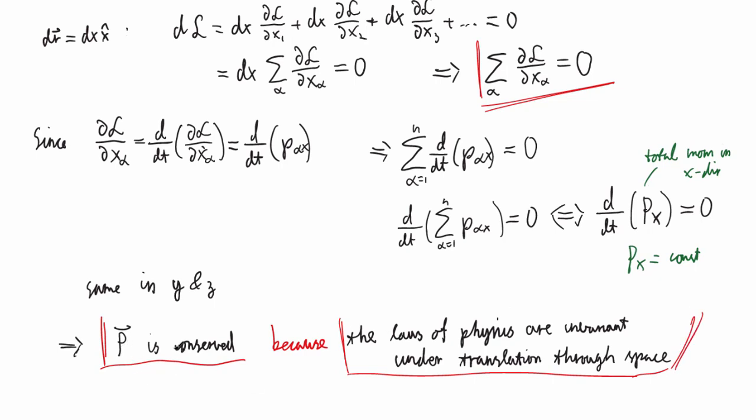So we have momentum conservation because the laws of physics are the same everywhere in the universe. So if you ever wondered why momentum is conserved, this is, at the deepest level, the reason for that. So this is one conservation law, conservation of momentum, due to translation invariance through space.